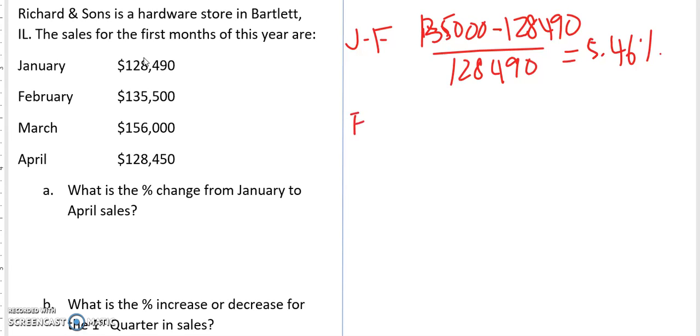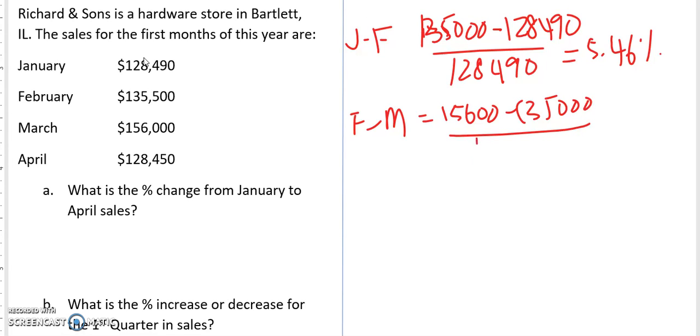Now February to March, we can find out 156,000 minus 135,000 divided by 135,000, and if you do the math, it comes to 15.13%.